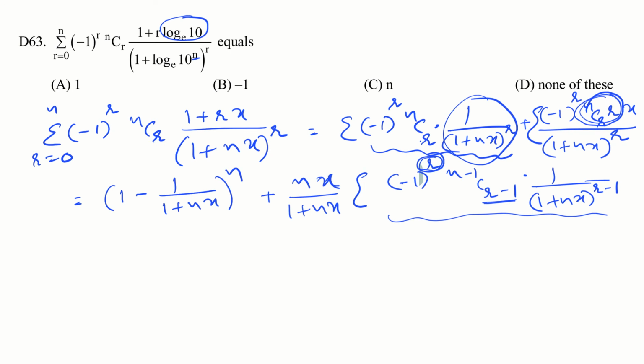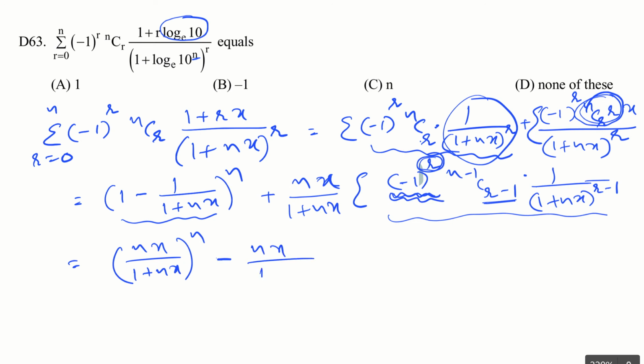So writing 1 minus 1 outside, here I take the LCM, this will be (1+nx-1), that is nx/(1+nx)^n. And from this, when I write 1 minus outside, I'll have minus nx/(1+nx) into the remaining sigma, which is nothing but the expansion of (1 - 1/(1+nx))^(n-1).